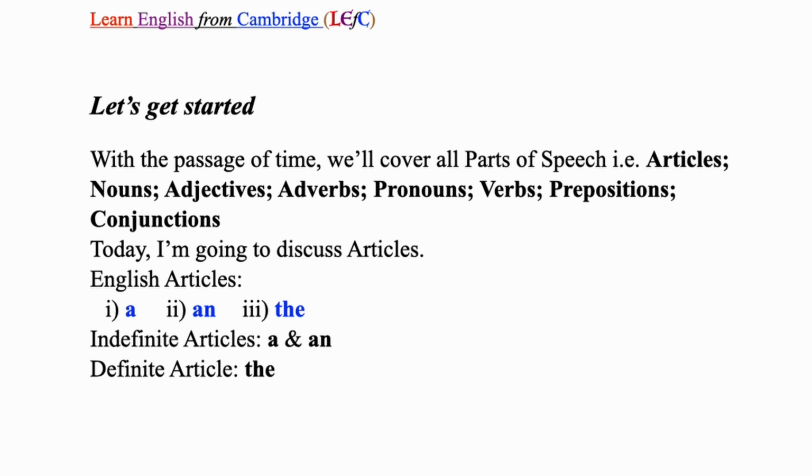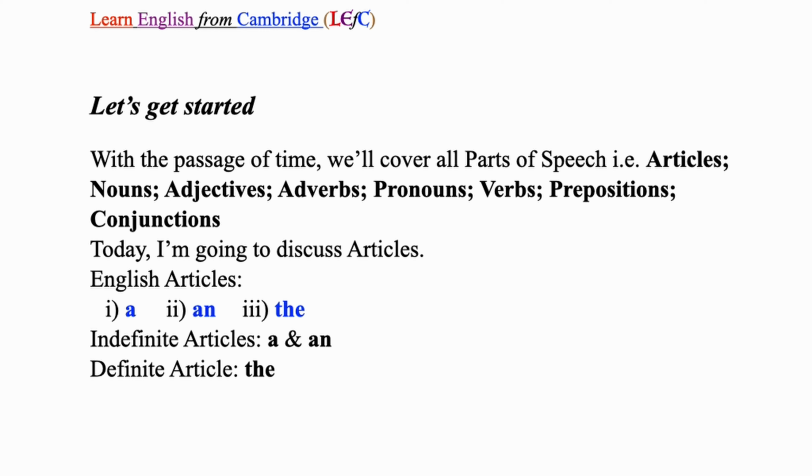Let's get started. With the passage of time, we'll cover all parts of speech, that's articles, nouns, adjectives, adverbs, pronouns, verbs, prepositions, and conjunctions. Today, I'm going to discuss articles.